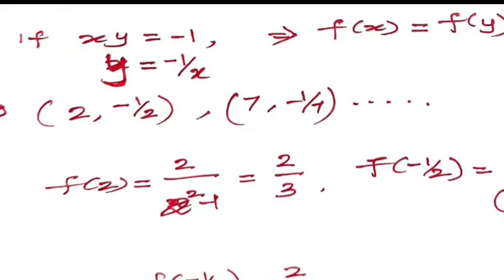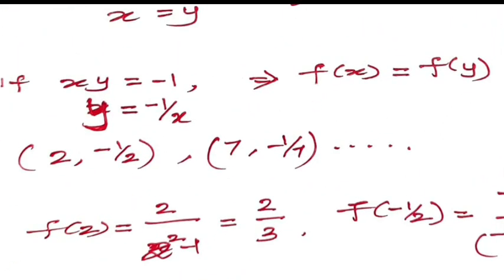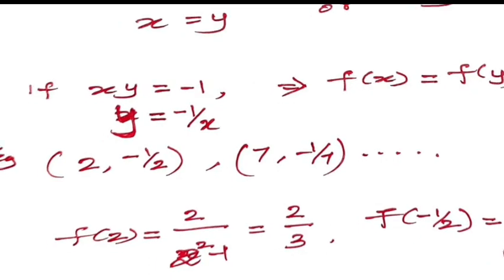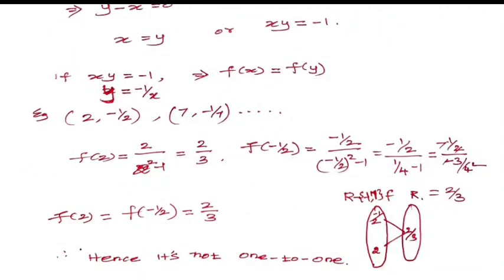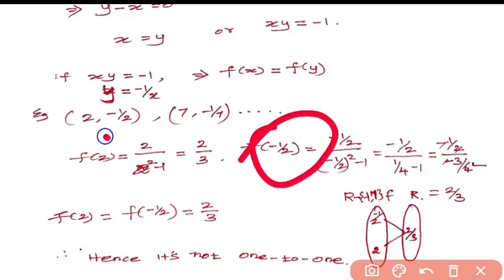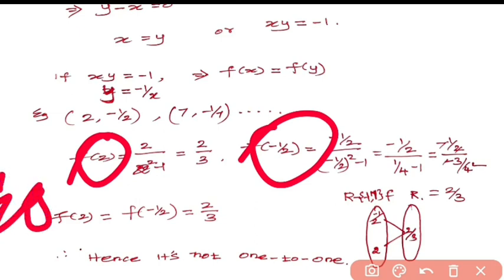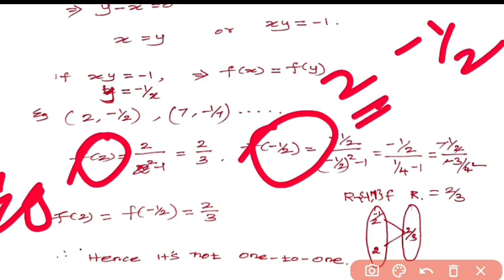In these conditions, see for example, if we take 2 and minus 1 by 2, we have the same value of f of 2. This is for example only. So I take here 2 and minus 1 by 2, because if we take x value 2, here in the first term the y value equals the x value, in the second term y value equals minus 1 by x.